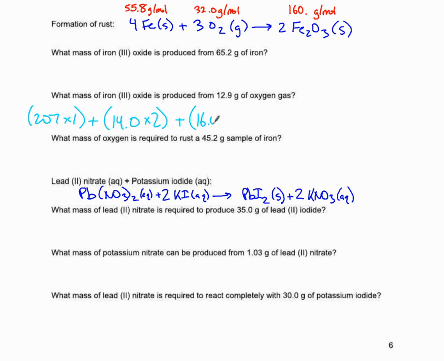Oxygen itself is 16, and there are 3 oxygens, times there are actually 2 of these sets. So it's 16 times 6, but I'm going to say 16 times 3 times 2. And this will give you your molar mass, which comes out to be 331 grams per mole.